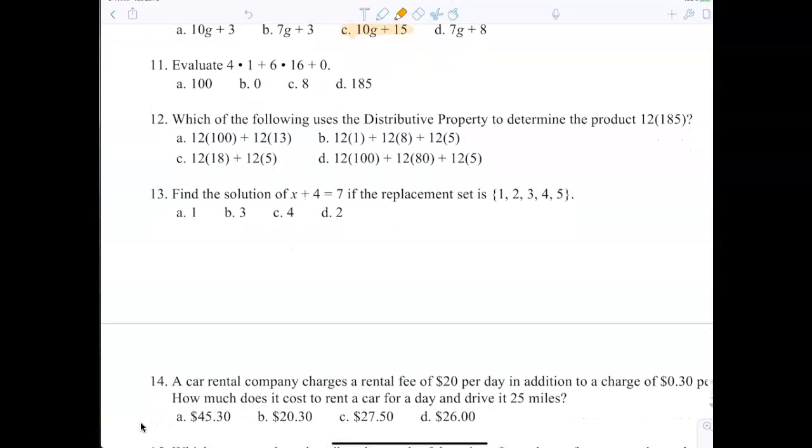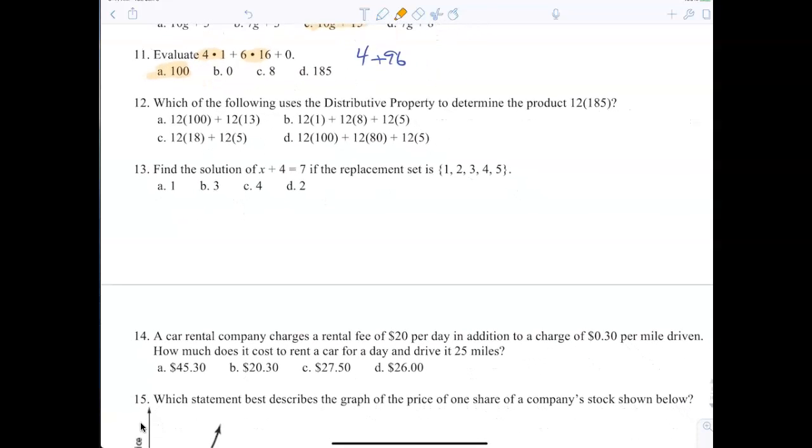Number 11, order of operations. So we do 4 times 1, 6 times 16. 4 times 1 is 4. 6 times 16 is 96. 4 plus 96 is 100. All right. Which of the following uses the distributive property?